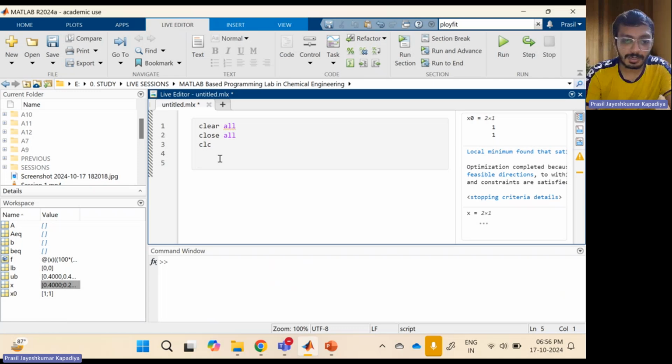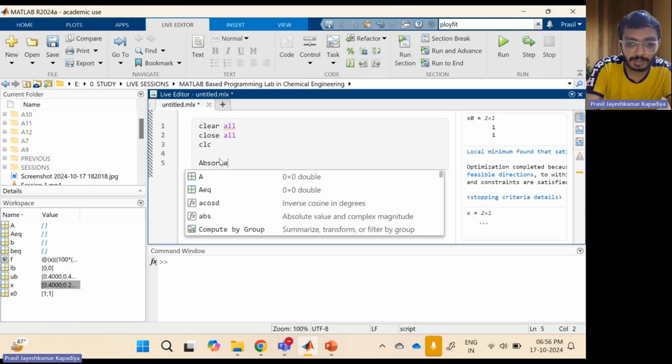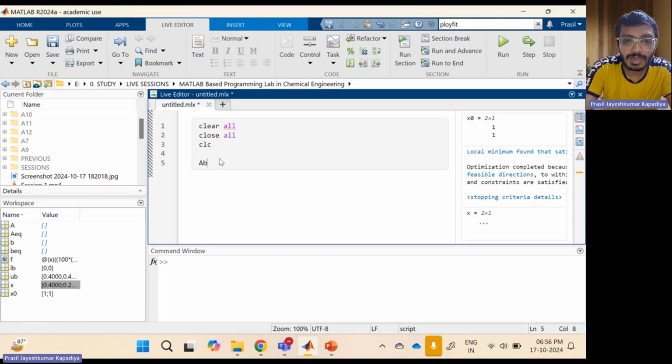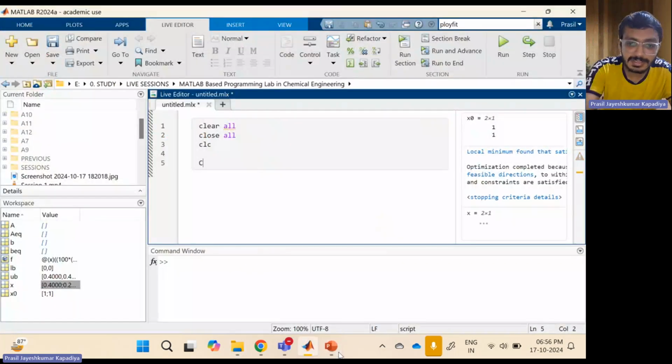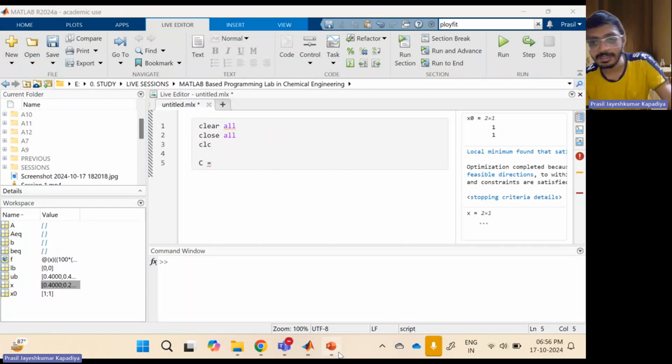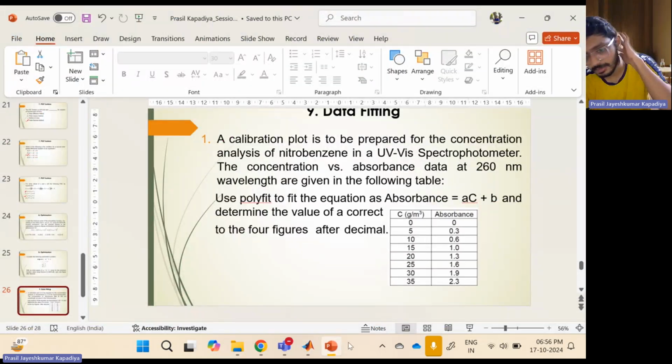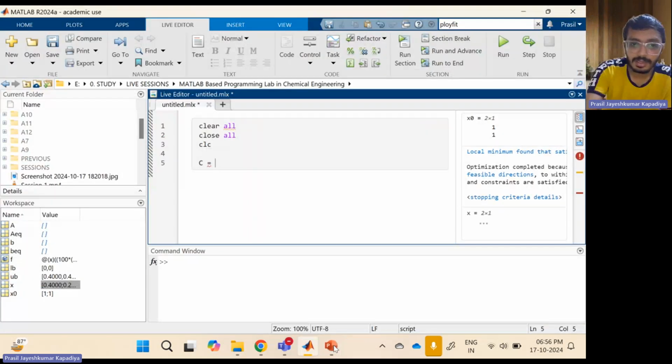First I will write my absorbance. Let's first write what is on the x-axis, concentration C. So C is equal to, see here it is 0, 5, 10 like that, so I can write 0 to 35 in intervals of 5.